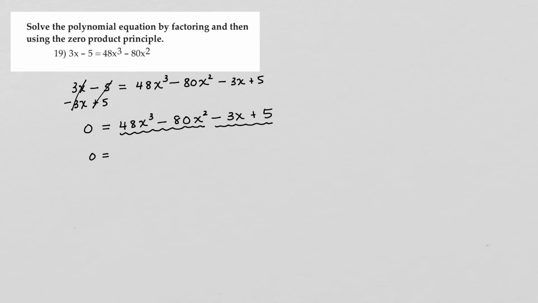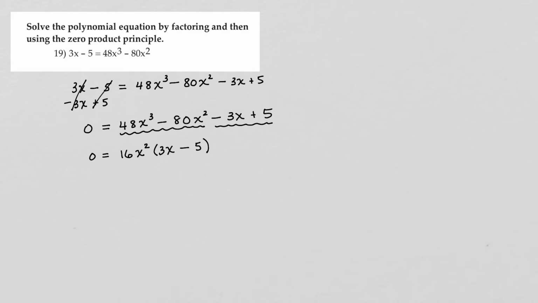So 0 is going to equal, and let's see, what do we have in common for 48 and 80? There's a 16 in common, and x cubed and x squared, there's an x squared in common. And so that leaves me with 3x minus 5.